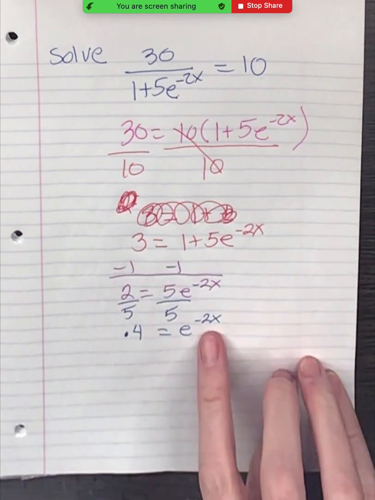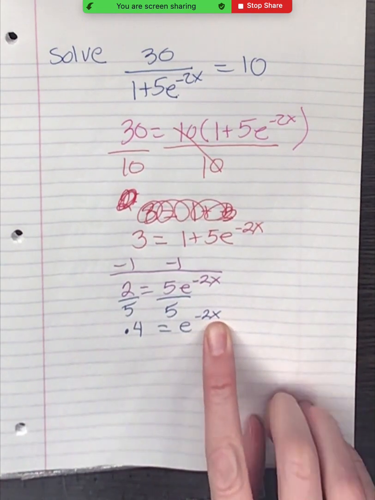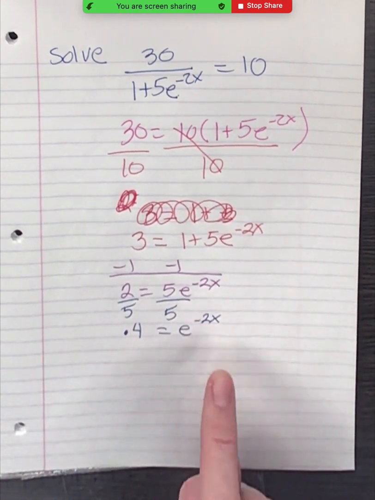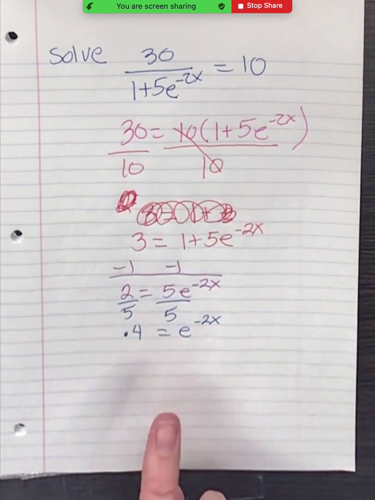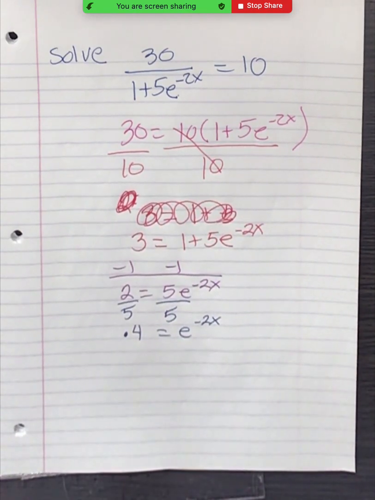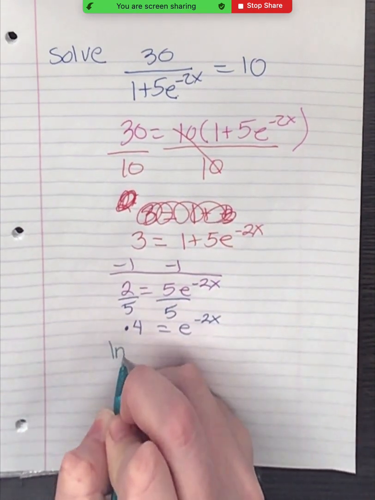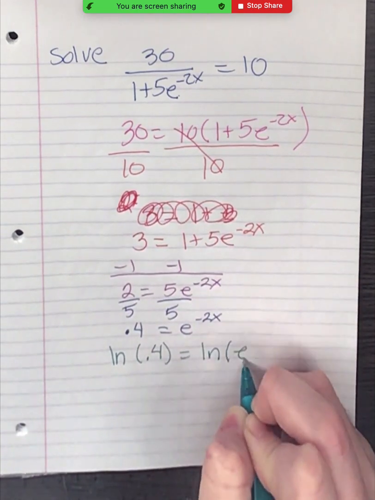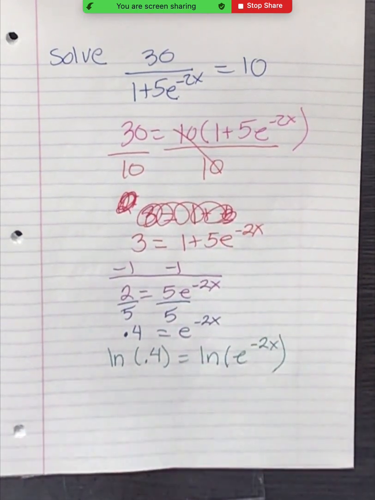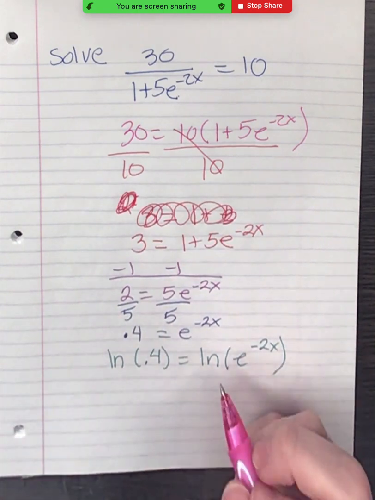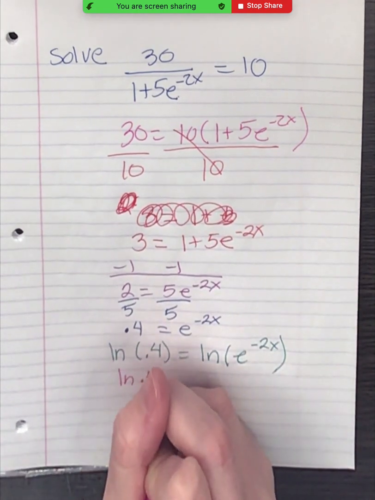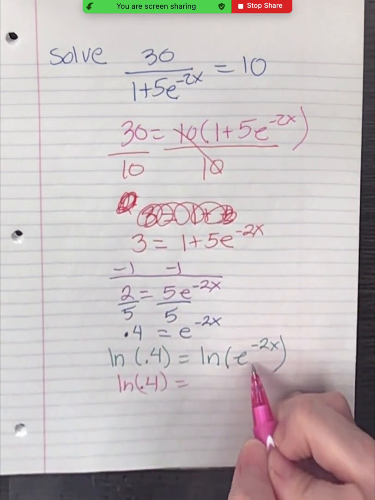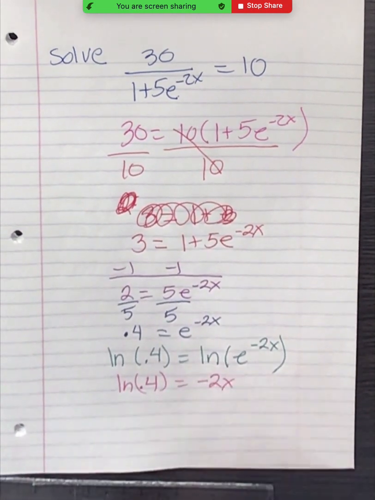Now, x is in my exponent. There's nothing else but the exponent. So it's base e, which means I need to take the natural log of both sides. So the natural log of 0.4 equals the natural log of e to the negative 2x. This is where it cancels. So I get the natural log of 0.4 equals negative 2x.